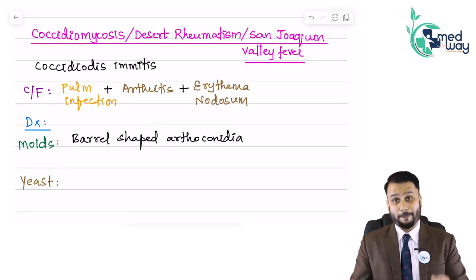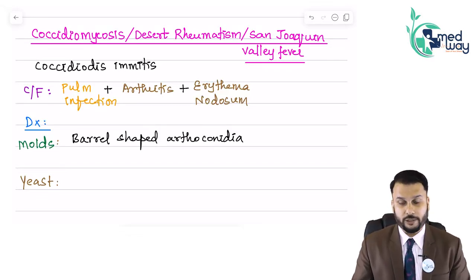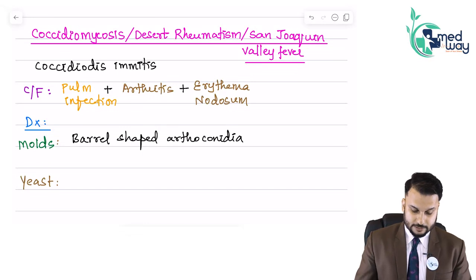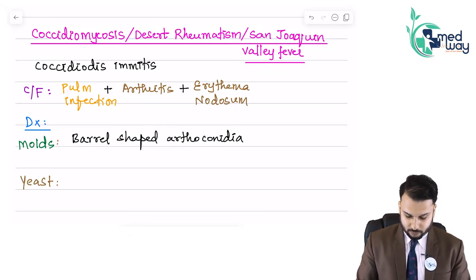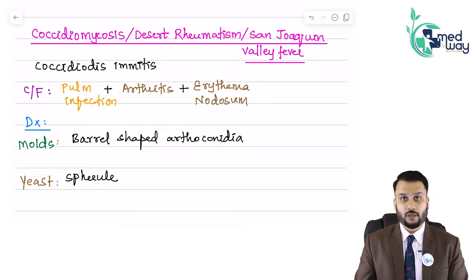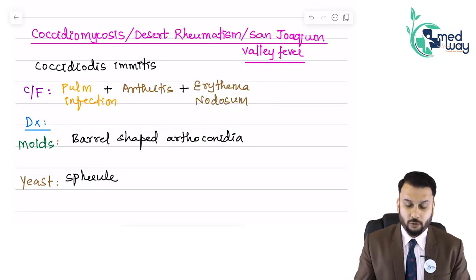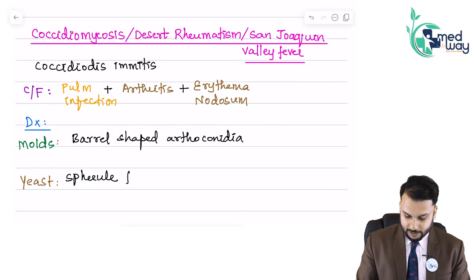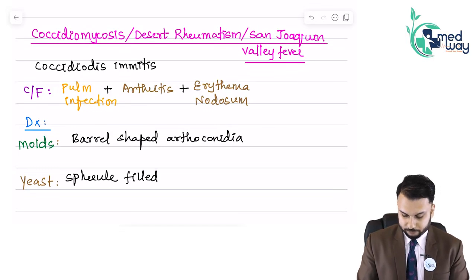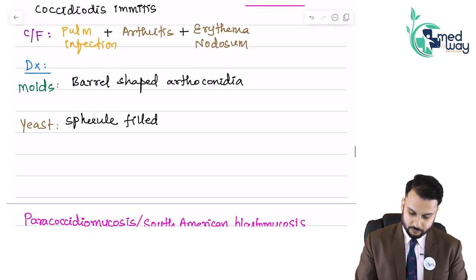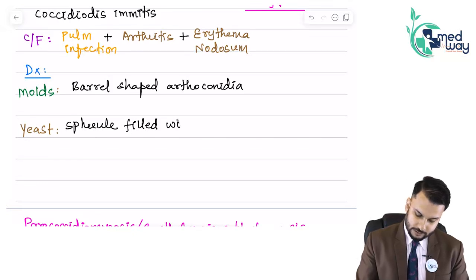So you're going to see barrel-shaped arthroconidia. Next, the yeast form: there is a double-walled spherule filled with endospores.